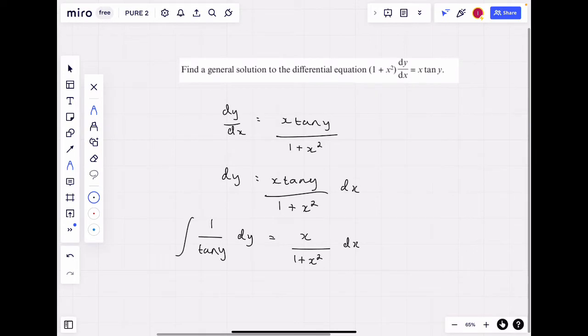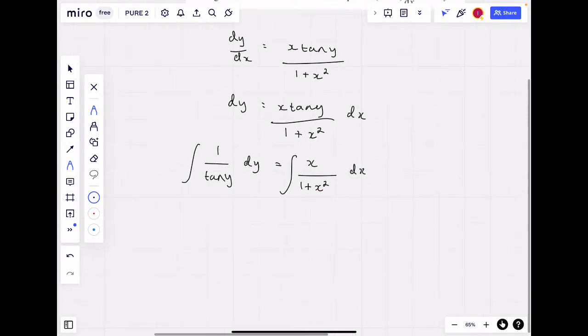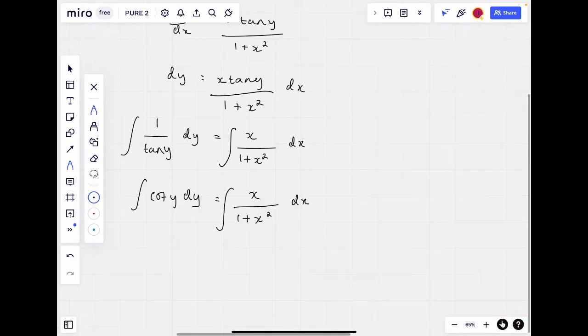From here, we can integrate, and we're going to integrate each one separately. Before we integrate, we can simplify 1 over tan, so let's make this cot y dy equals x over 1 + x² dx. From here, we're ready to integrate.